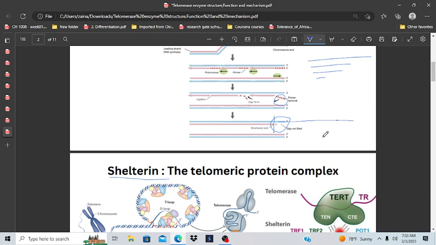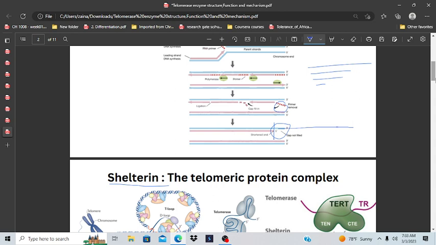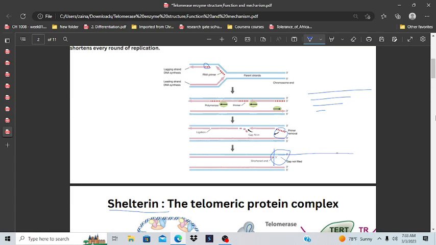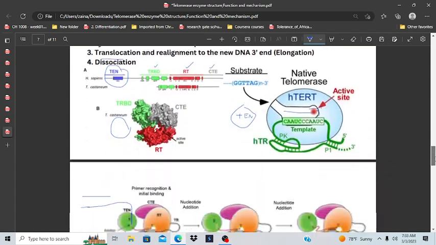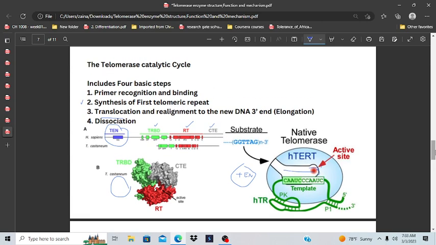There is something called the telomerase homeostatic system. This homeostatic system regulates how long it needs to be. At that point, the telomerase enzyme dissociates from the telomere. So this is the function of telomerase.